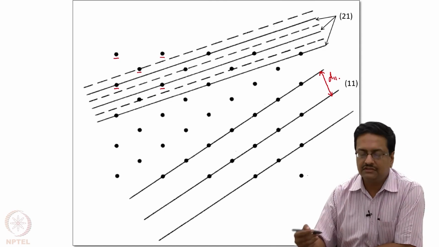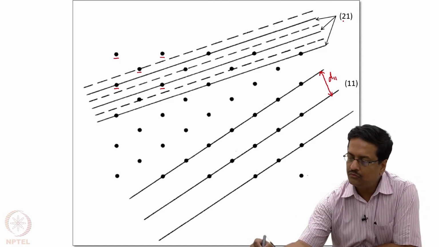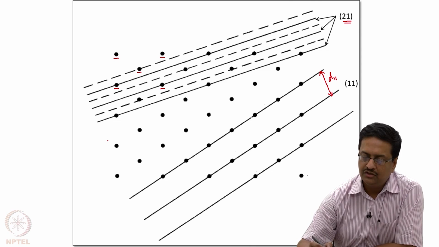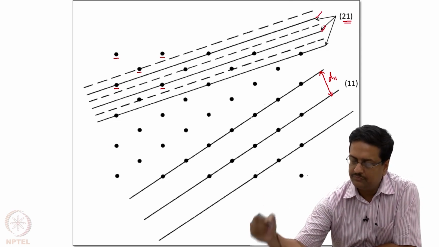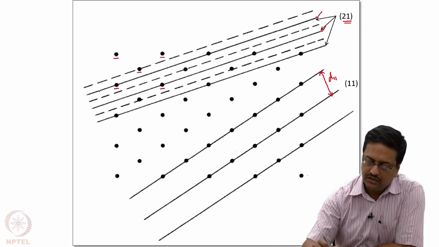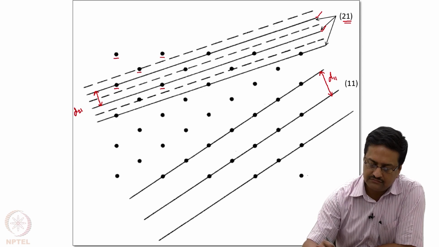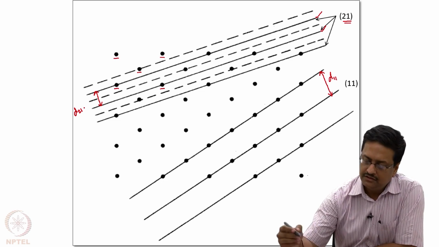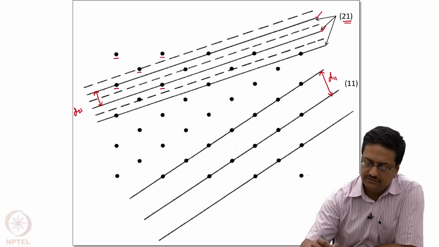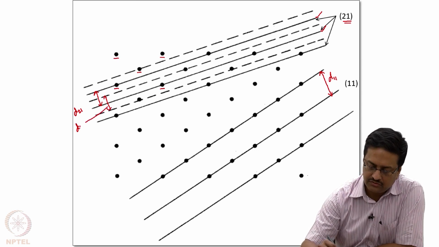But in this case of 2, 1 set of reflections, suppose the dark lines are parallel and the interplanar distance is d2,1. Once again, the lines which are dashed lines, the distance between them is also d2,1.